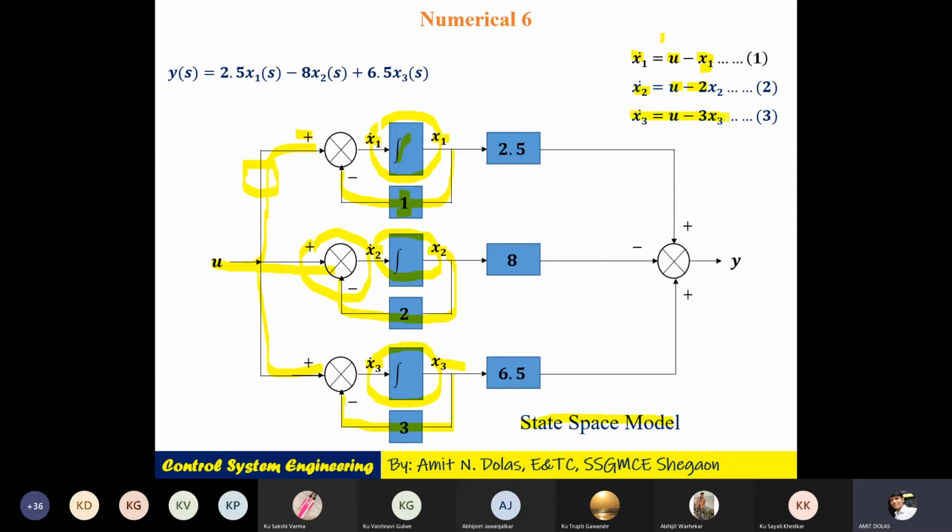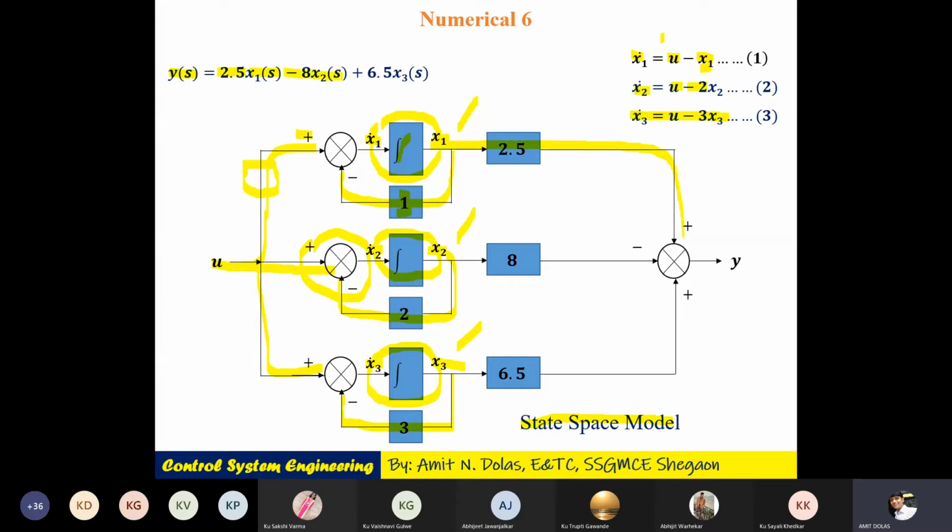So we completed this, but here we obtained each individual state, x1, x2 and x3, and we need the output. So what is y? We have the equation for y. Y is 2.5 times x1, so x1 will go through the constant 2.5 and come to one summing node.